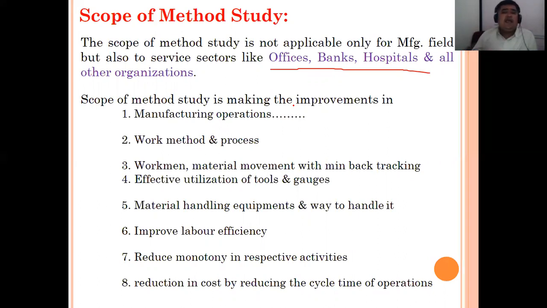So again, if I shift to the bank, the withdraw counter and deposit counter. In front of the withdraw counter and deposit counter, is a large space provided or a very small space? Can anybody tell me? In banks, in front of withdrawal counters and deposit counters, is a large space or a small space provided? Small space, sir.